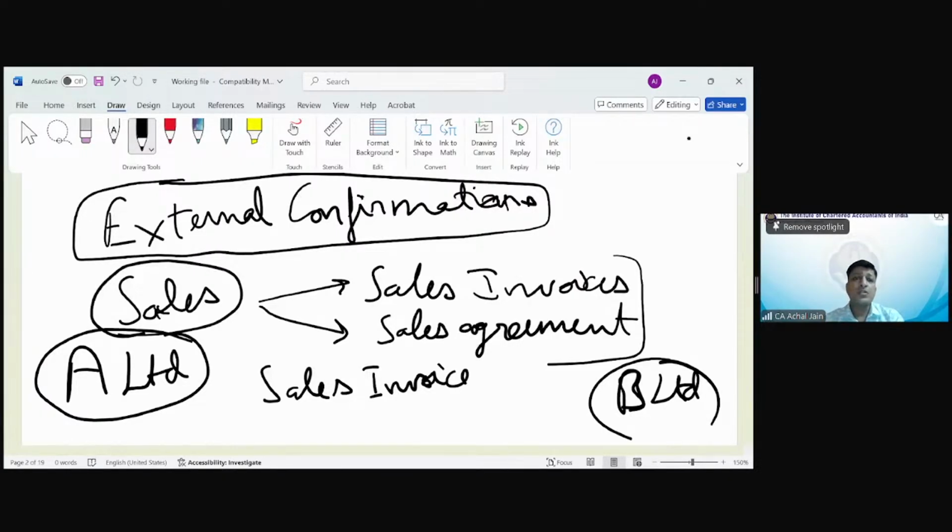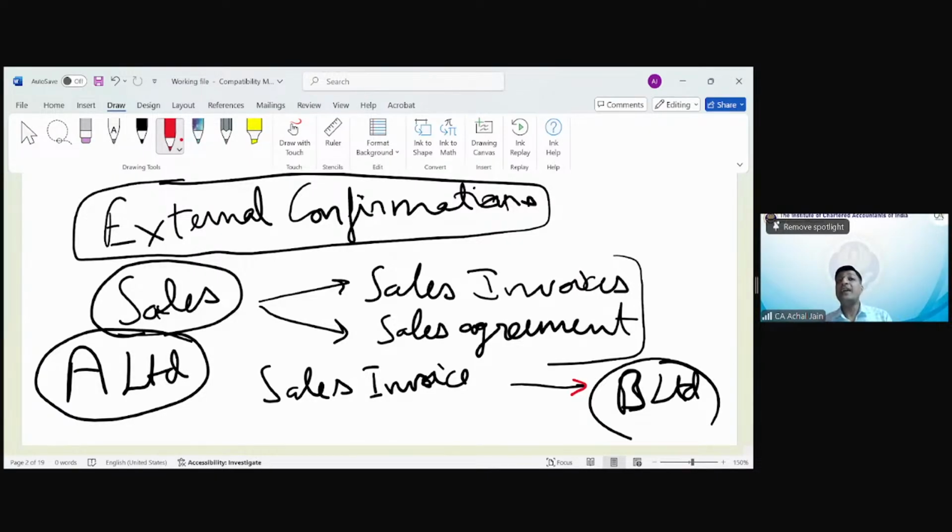If by any chance you get to speak to B Limited and B Limited validates that yes, this sale has taken place, I have purchased goods and I have also paid for this, or I am going to pay for that, then as an auditor, your comfort will increase. You'll say, yeah, that's good. What do you call it? External evidence. For an auditor, external evidence is more reliable than internal evidence.